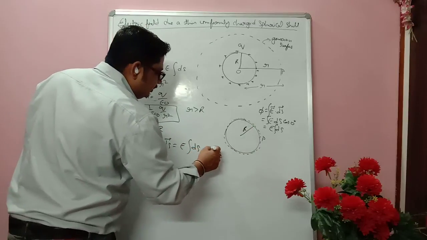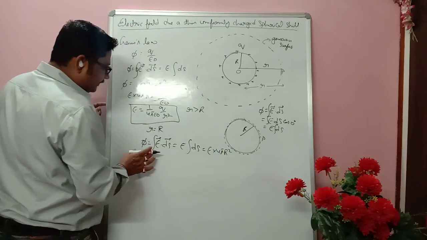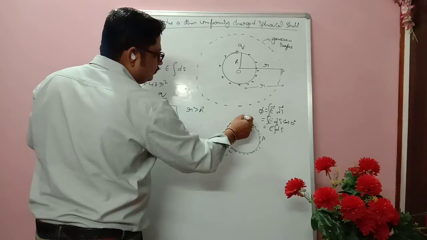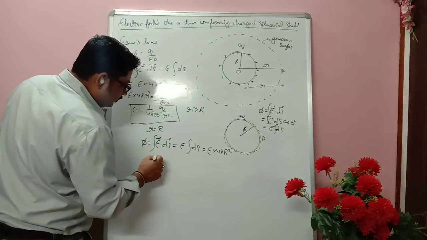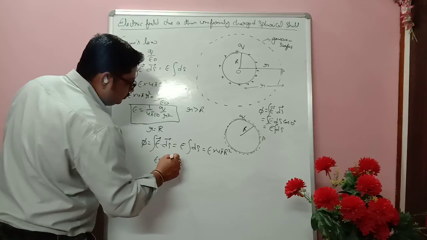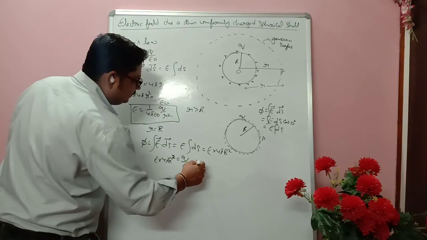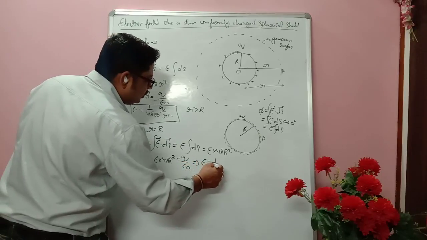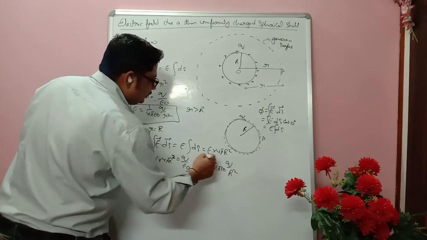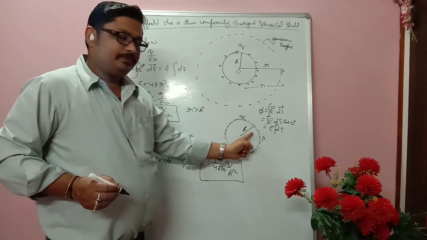So it will be E into 4 pi capital R square. Again we put this value in the equation. The total charge enclosed is Q. So E into 4 pi R square is equal to Q upon epsilon naught. So E will be equal to 1 upon 4 pi epsilon naught Q upon R square. This is the required electric field due to a shell on the surface of the shell.